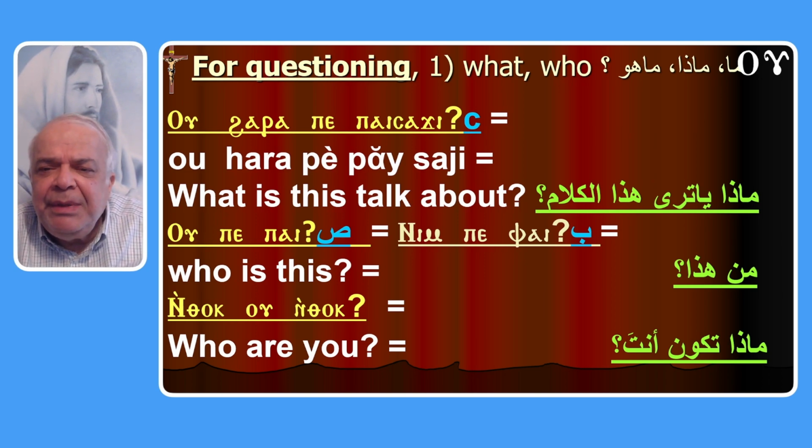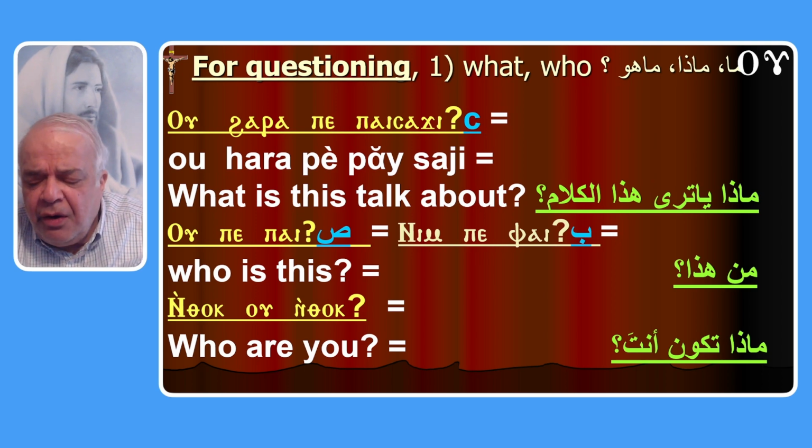O hara means unclear or not definite. Pe is the article of definition for the masculine singular. So that means the word after is masculine. Pai is an article of demonstration. It means this or that.